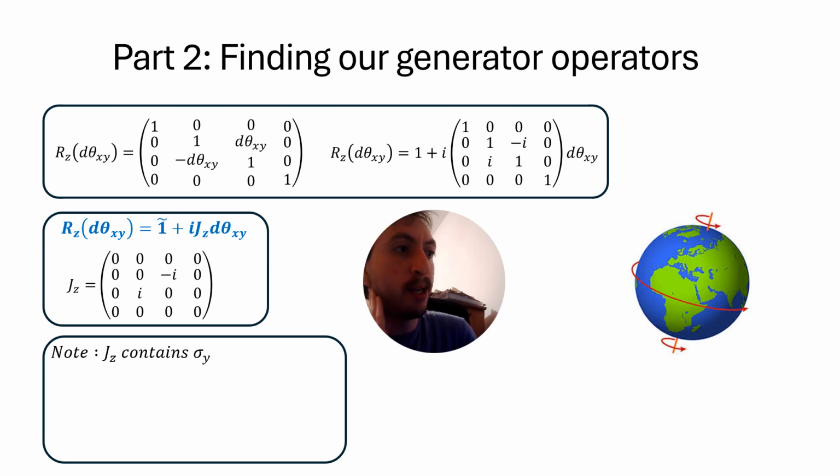It's essentially the interesting and important parts of our infinitesimal rotation matrix, which then allows us to describe rotations very generally. And there's something really special about this generator of rotations. This generator of rotations contains a Pauli matrix.